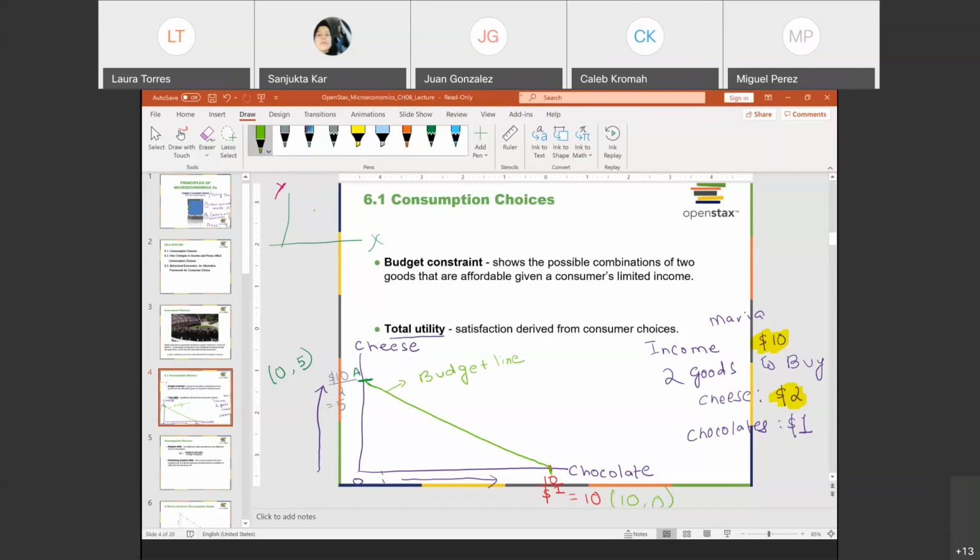What she would really want to do is maybe buy some combination of cheese and chocolates. So she can be either here or here and here. So here comes the concept of budget constraint. This shows the possible combinations of two goods that the consumer can buy with the consumer's limited income. Anything outside the budget constraint is not affordable.